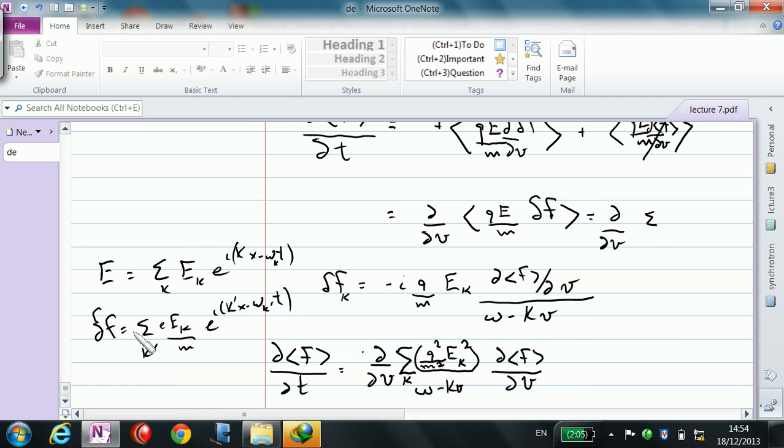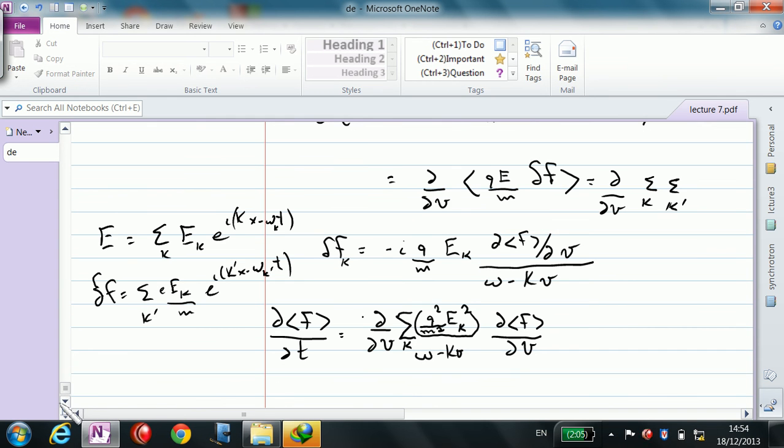When I multiply these together, I would have a sum over k and over k prime. But when k didn't equal k prime, once I took the average, they would go away. So the only terms that survive the sum over k and k prime are when k equals minus k prime, basically.